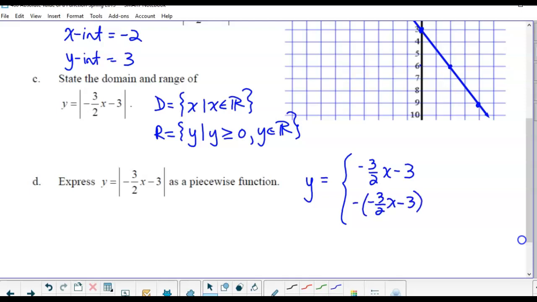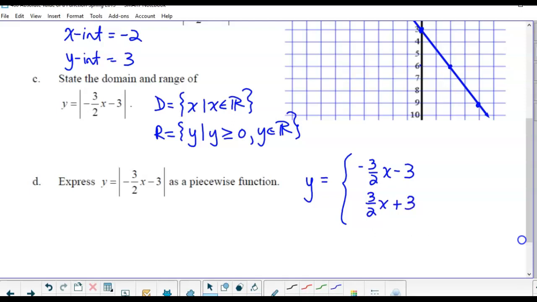And you can even show it like that without simplifying. I'm okay with that. Then at least I know exactly what you've done. Really, that's the same as +3/2x, so either that or +3/2x plus 3. Okay.